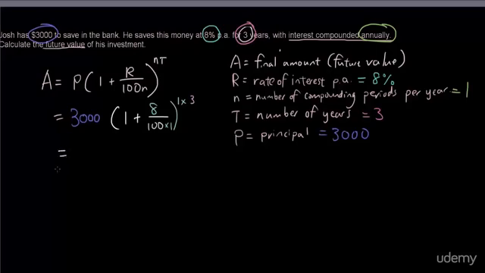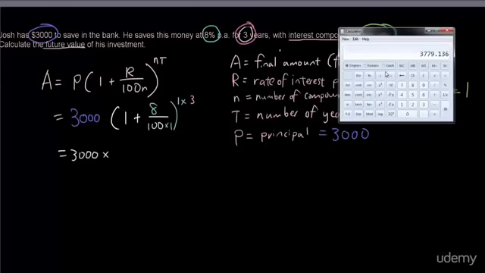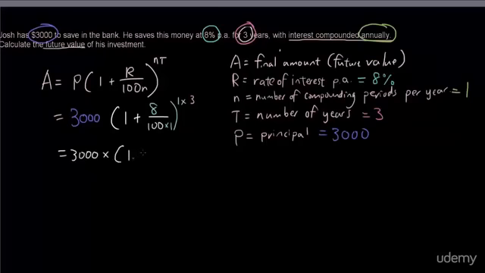Now, when I type this in, I like to simplify it first before I type it in. So 3,000 times, I like to work out what's in the bracket first. So what's in the bracket is 8 out of 100 plus 1 is 1.08. So we have 1.08 in the bracket to the power of 3.